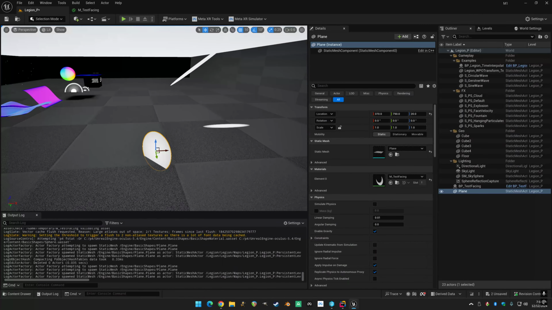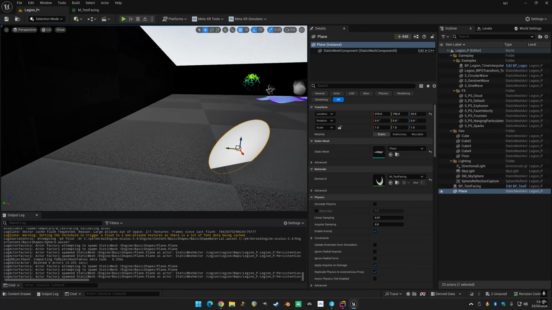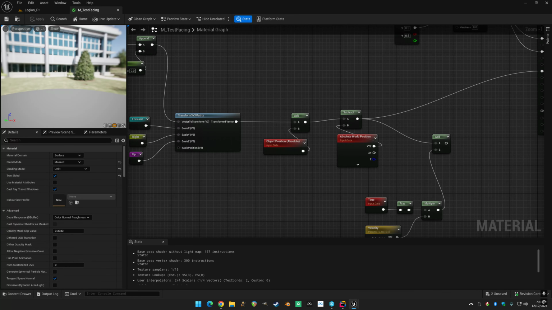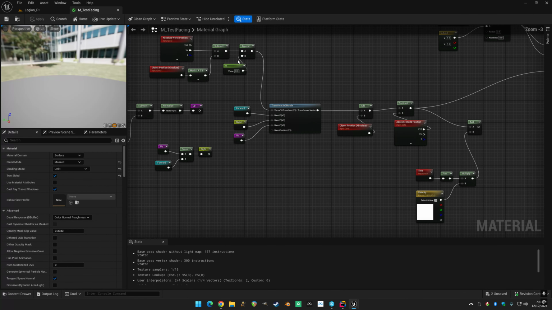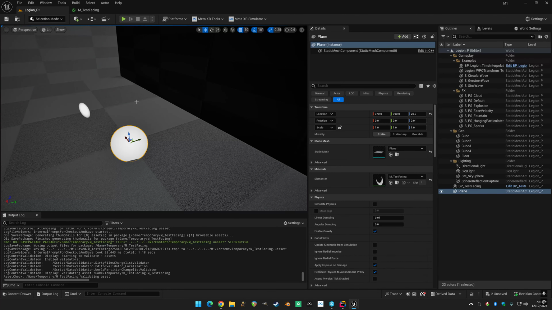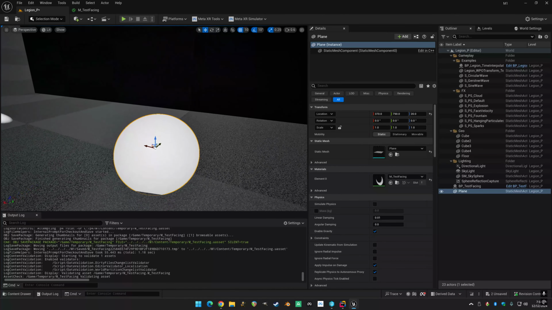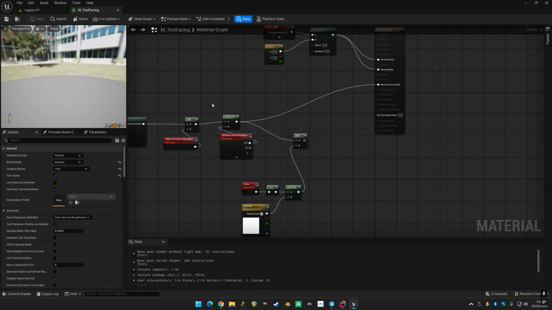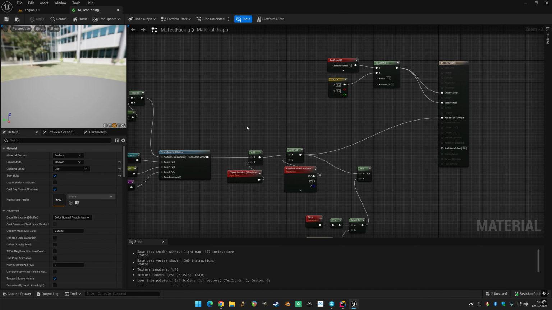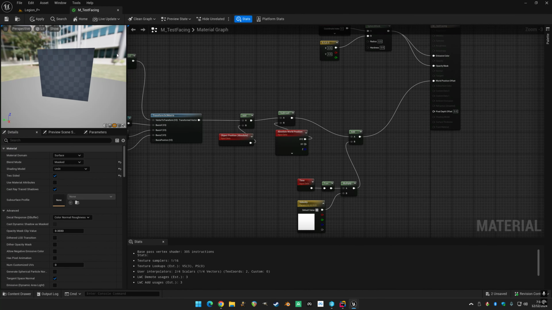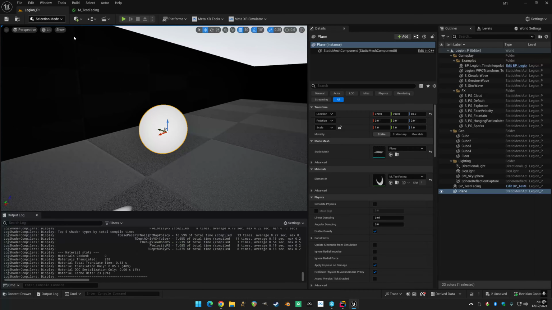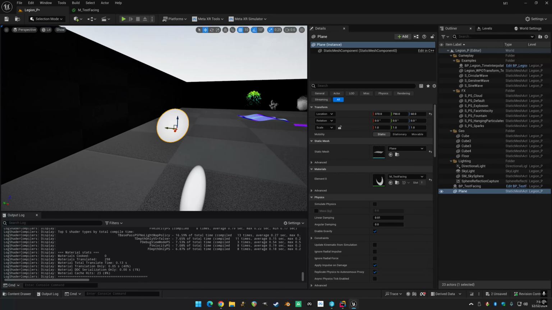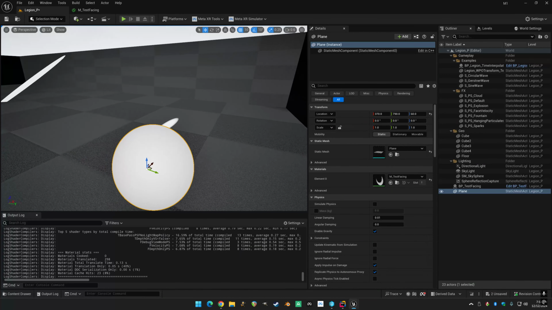Oh, there we go. It's working. For some reason, it's invisible here, which is a bit interesting. You can see we can move it. We should have it moving in the world a little bit. There we go. So that's working, although it's uniformly scaled.